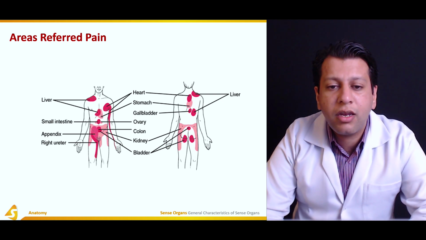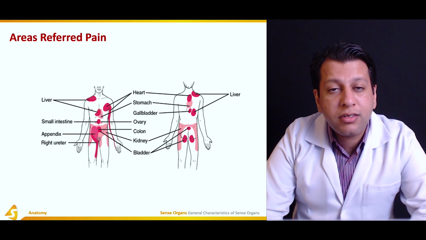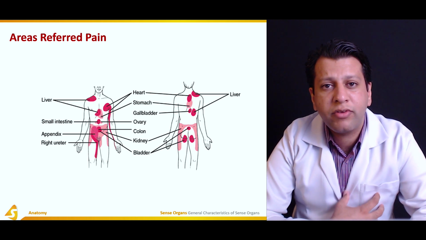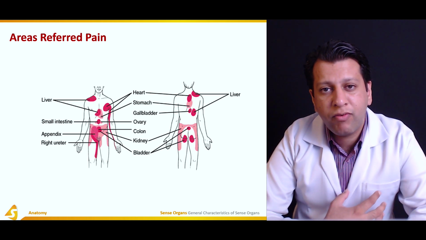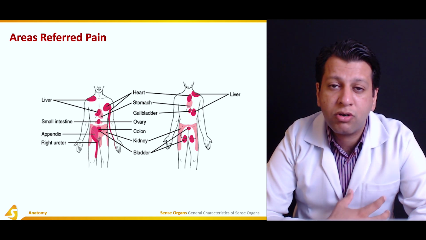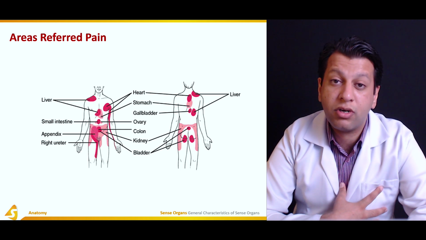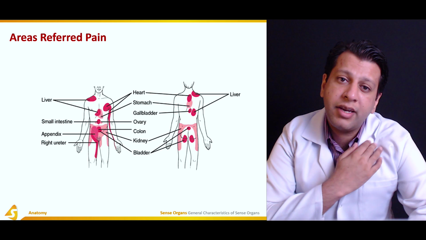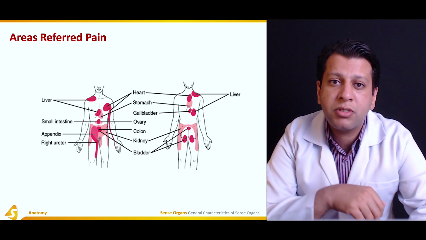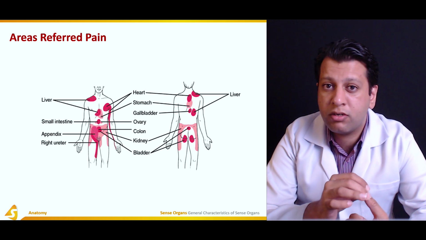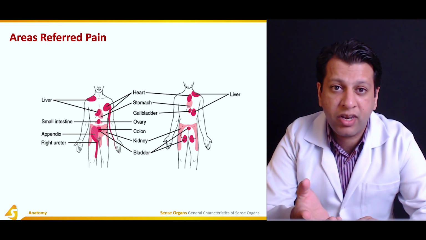Now, these are the areas of referred pain. The classical example is that the heart is usually on the left side of the chest, but when there is an MI, an ischemia of the heart, the pain is not only felt on the left side of the chest, there is not only heaviness of the chest, but it is usually felt over the left shoulder. It radiates all over the left arm, especially over the left thumb. Now, the left thumb has no relation with the heart in terms of anatomy.